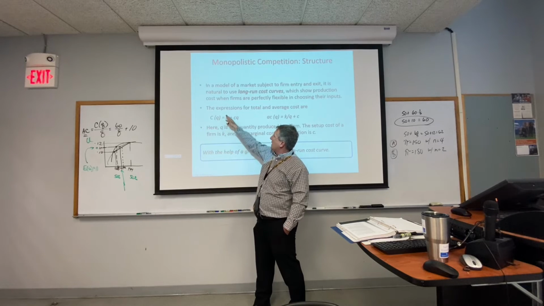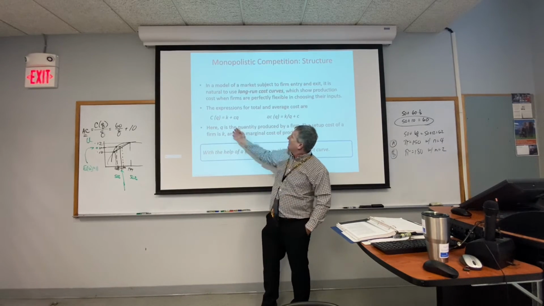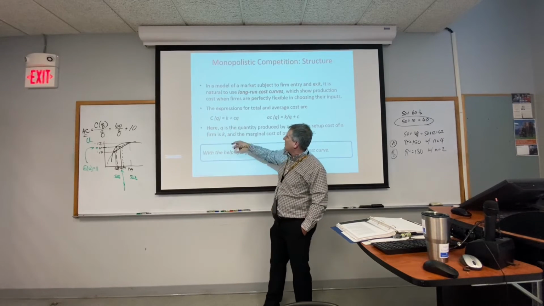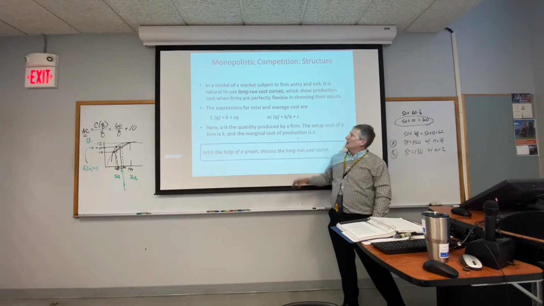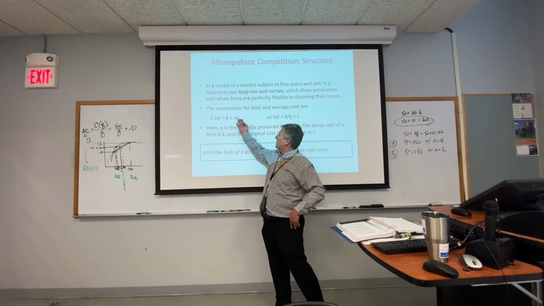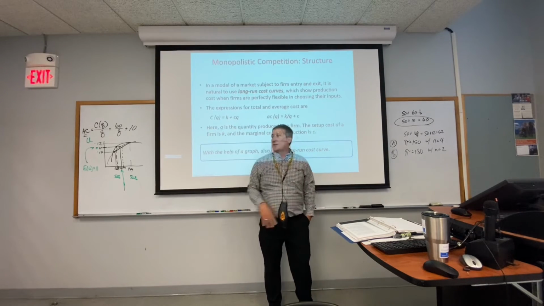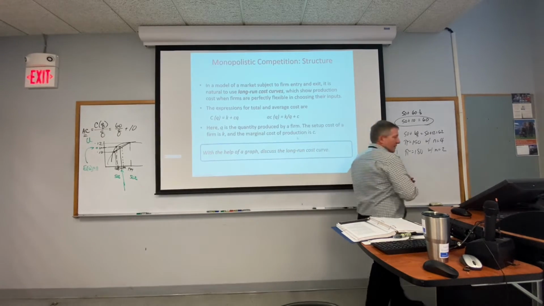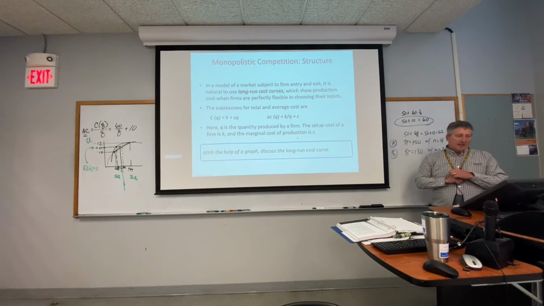And it's equal to K, which is just some fixed amount, the setup cost, plus C times Q, where C is the marginal cost per unit. So if I make 10 of them at $5 each, 5 times 10 is 50. And then I had to set up my company for 100, so I had $100 worth of fixed cost K, and then the marginal cost.